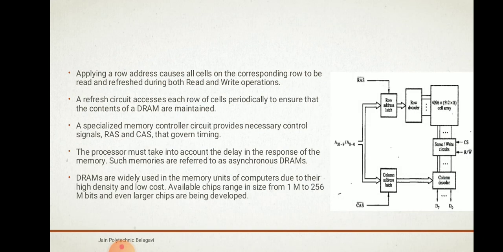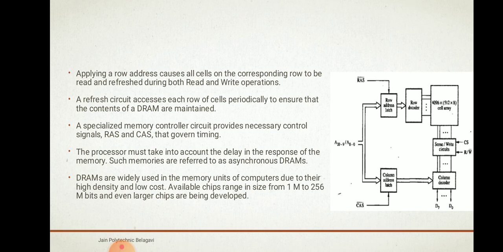Now applying a row address will cause all the cells on the corresponding row to be read and refreshed. So when you are applying a row address, all the cells present on that row will be read. Nothing will be left. The whole row will be read and refreshed during both read as well as write operations.